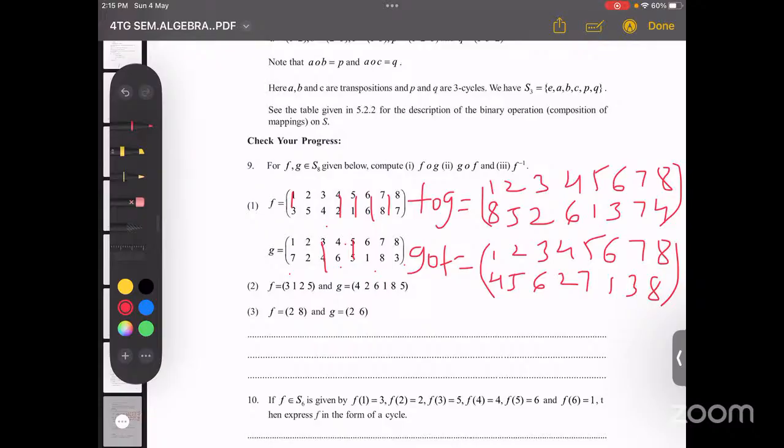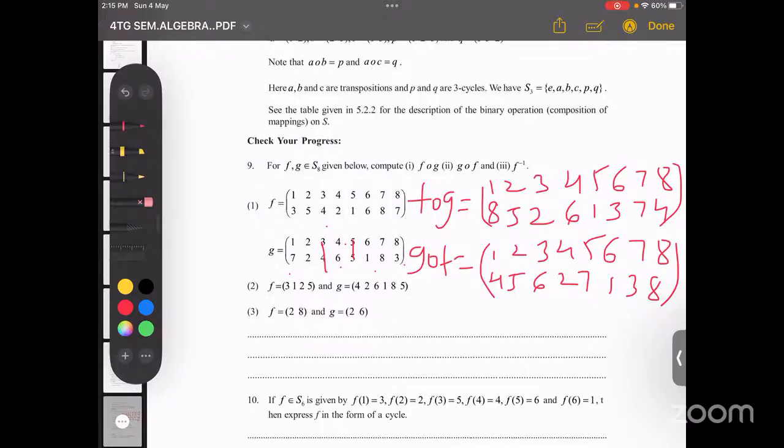So like this, we have to find f circle g and also g circle f. f inverse means it is the inverse permutation. Inverse permutation is nothing but whatever the second row is there, you write that as the first row. Then we call that an inverse. So in the question he has asked for the f inverse.